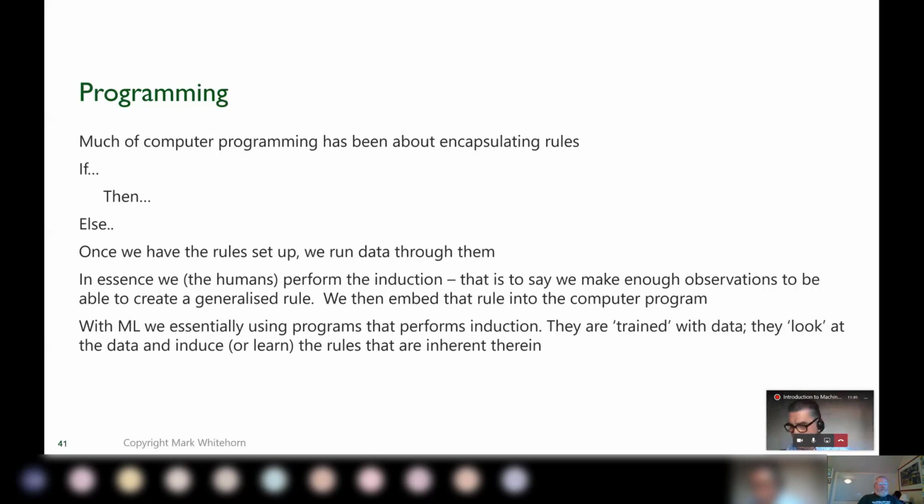That's a really important point, because what's happening in machine learning is the machine is doing the induction. The machine is working out what the rules are. We give it the data, it looks at the data, and it creates the rules, and then it applies them. But the crucial point is the human being is not creating the rules anymore.